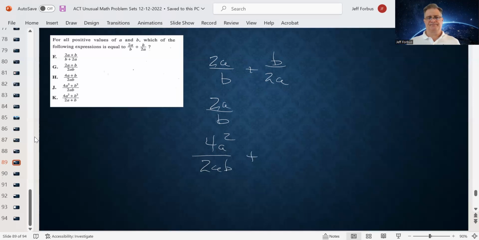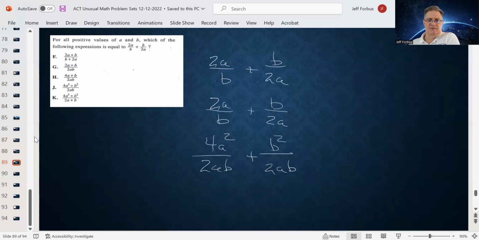Now, the other fraction, b over 2a, we're going to multiply it by b over b, and that's going to give us b squared over 2ab.